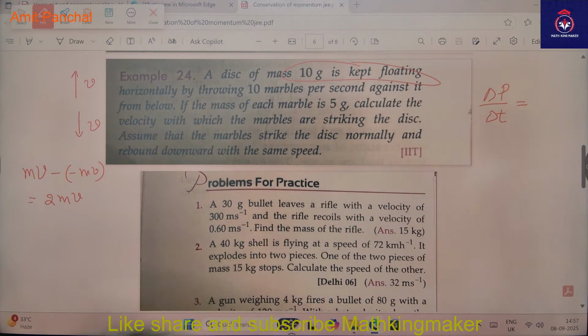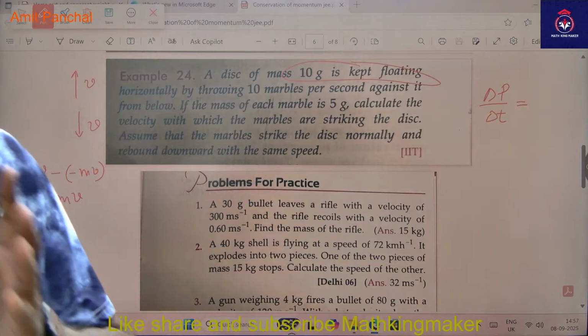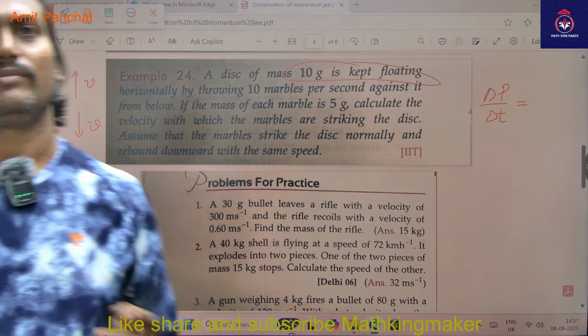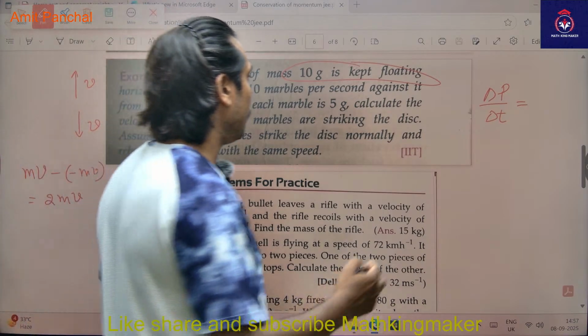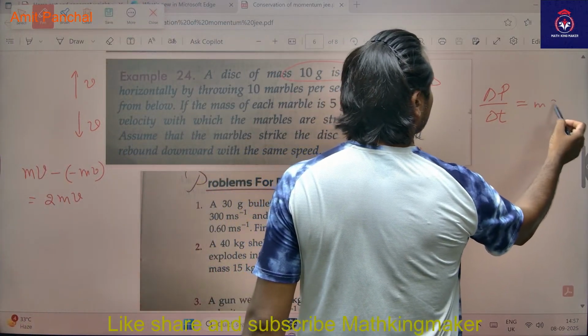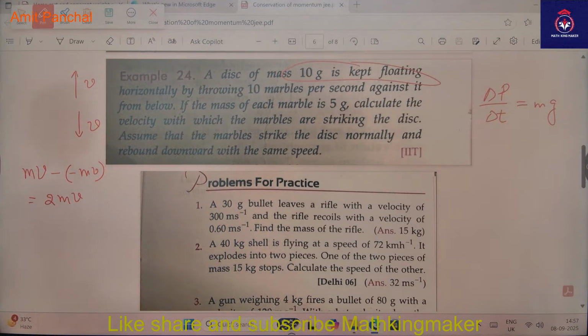But the disk is not moving anywhere. Exactly, it's not moving anywhere. So there'd be no acceleration, so the only force will be mg. So that will be equal to 10g. If you write that, just try to solve it. Now you will find your answer.